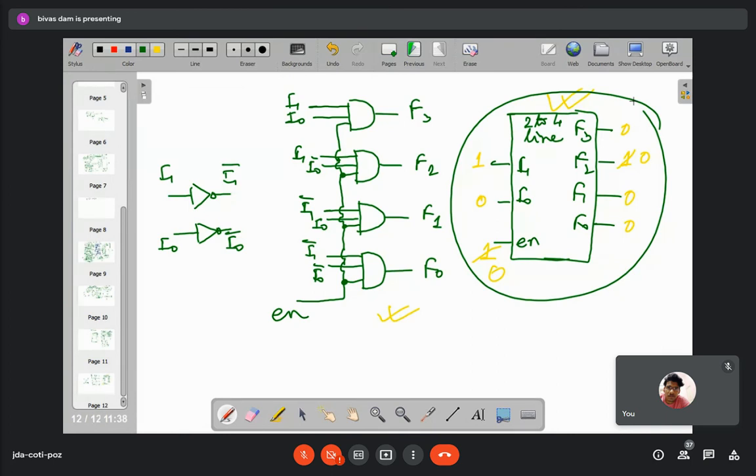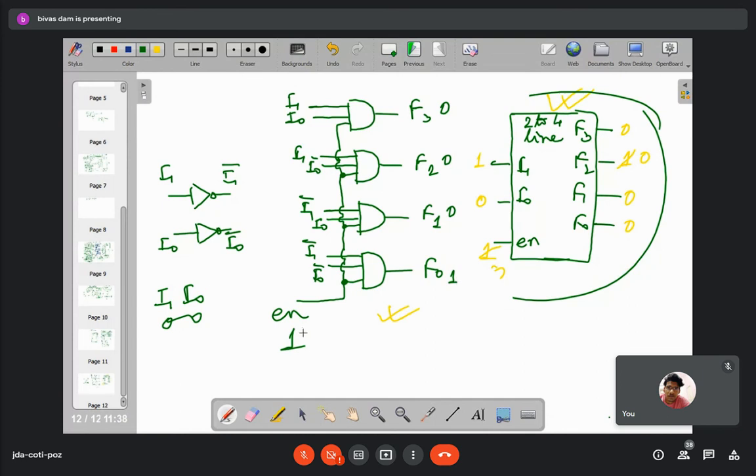No, sir. Fine. So let's say my enable input is 1. The I1 I0 pattern is 0 0. What will happen to F3 F2 F1 F0? 0 0 0. Okay. Now I'm maintaining that I1 I0 to be 0 0.